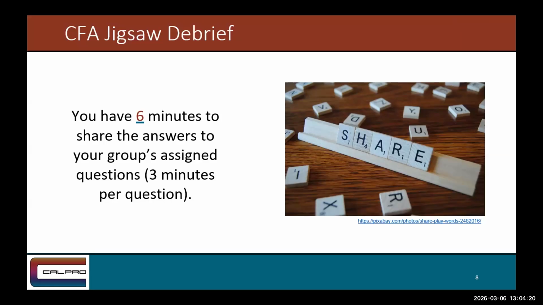Okay, our second question: what are recommended steps for developing common formative assessments, and how can PLCs become more skilled at developing them? It is basically a process of refinement, refining the assessment itself.